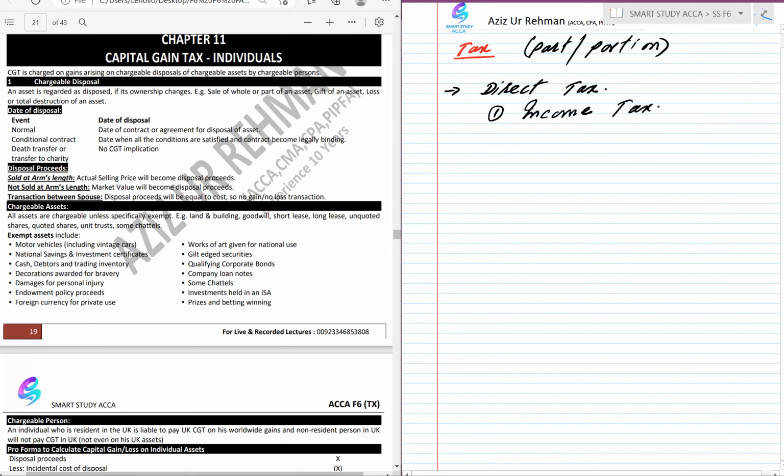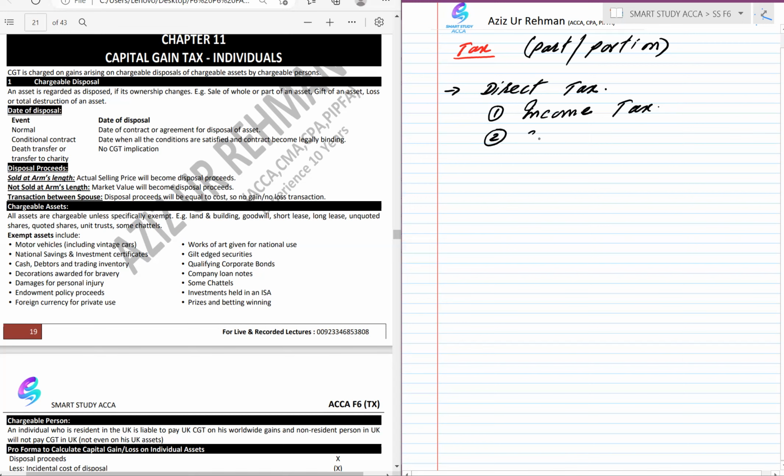As the name explains by itself, income tax means tax paid by an individual on his income. Everyone will calculate the income tax and directly pay it to the tax authorities. So that's why it is called direct tax.